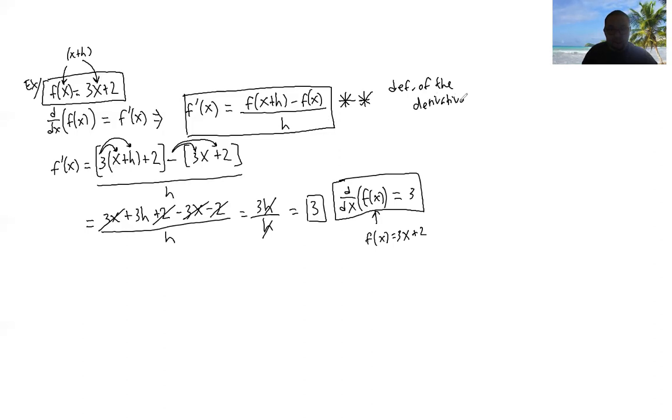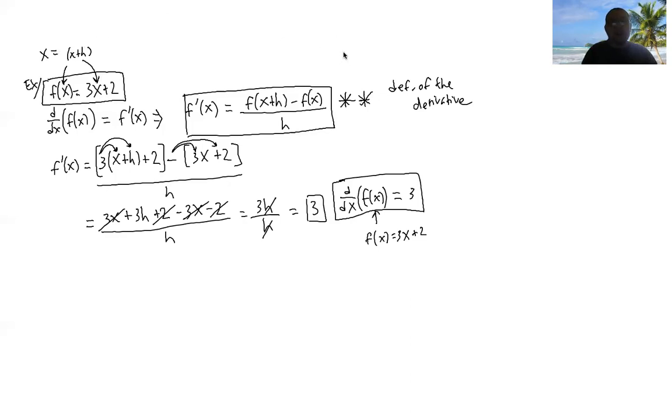Let's recap. f of x plus h just means that you're going to look at the function you're working with, in our case 3x plus 2, wherever you see an x. So you're basically evaluating this at x equal to x plus h.